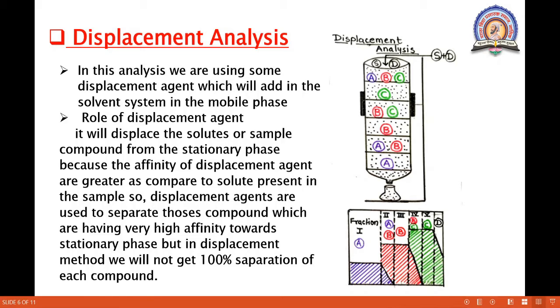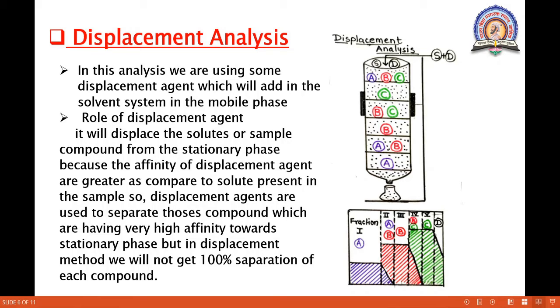So we get compound A in the first fraction. In the second fraction we get the mixture of A and B. In the third fraction we get B component. In the fourth fraction again we get the mixture of B and C. And at the last we get compound C.